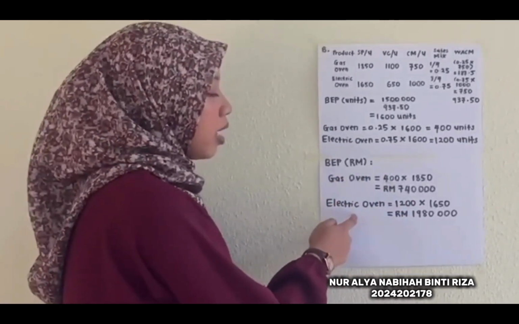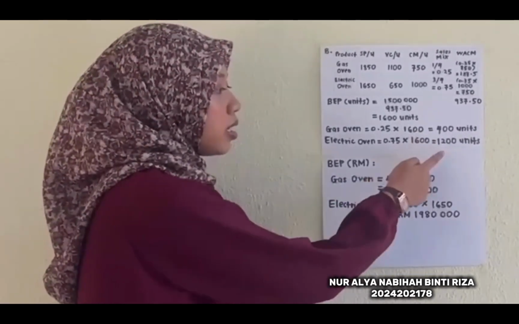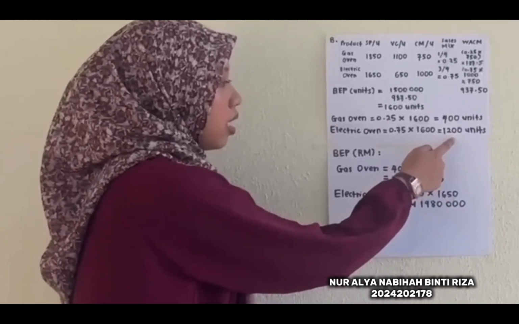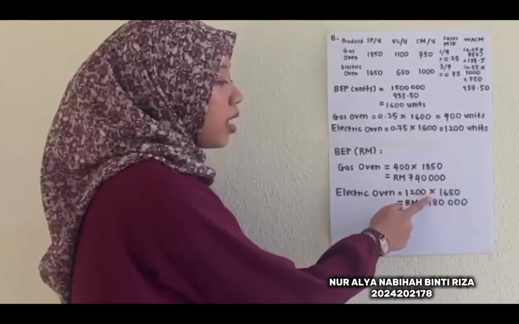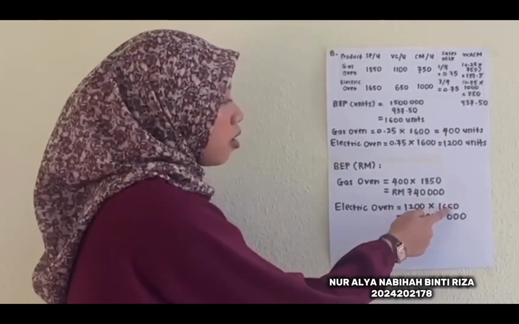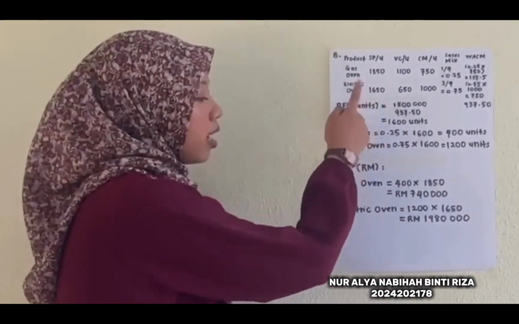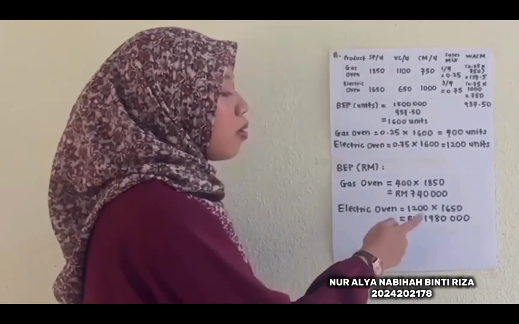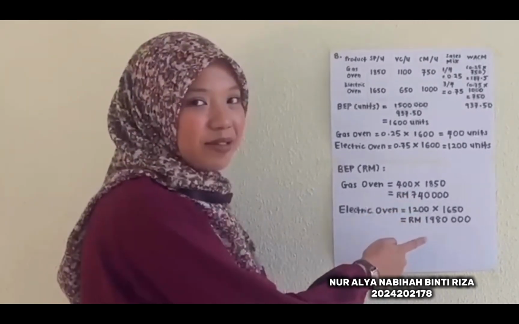For electric oven, we take 1,200 units from BEP units, and then we multiply with 1,650 from selling price per unit electric oven. Then we get RM 1.98 million.